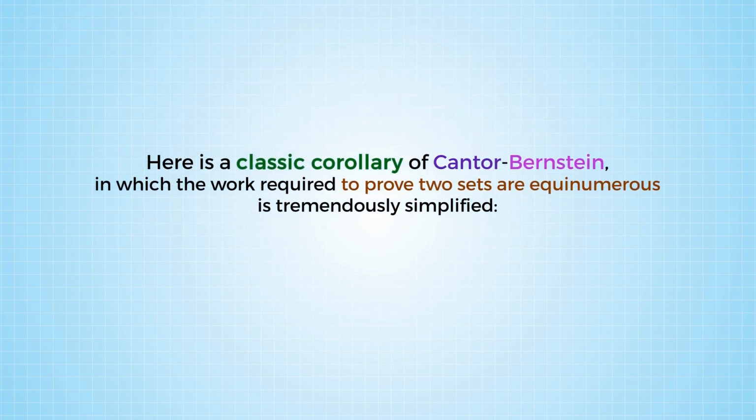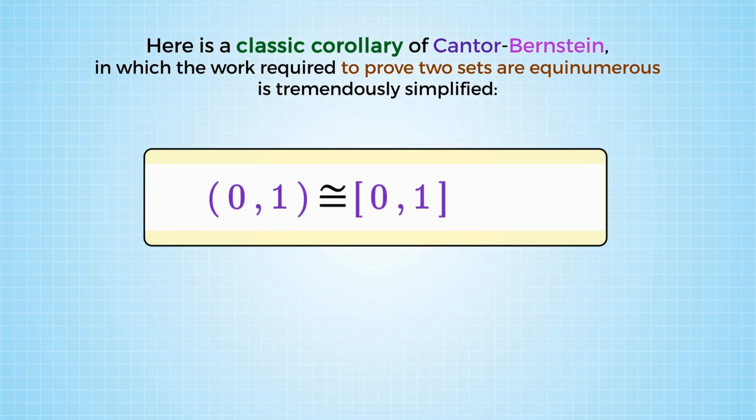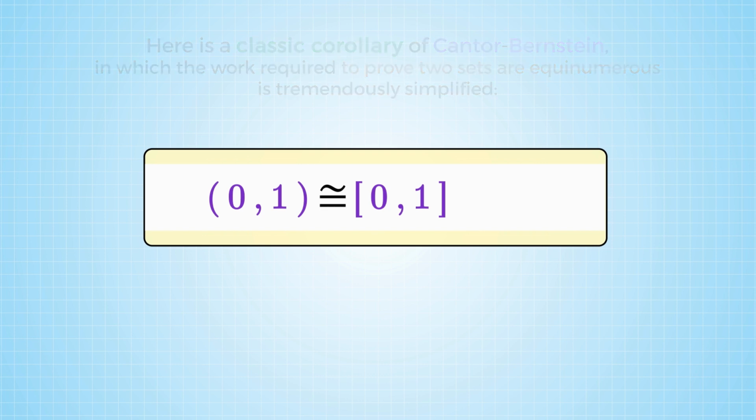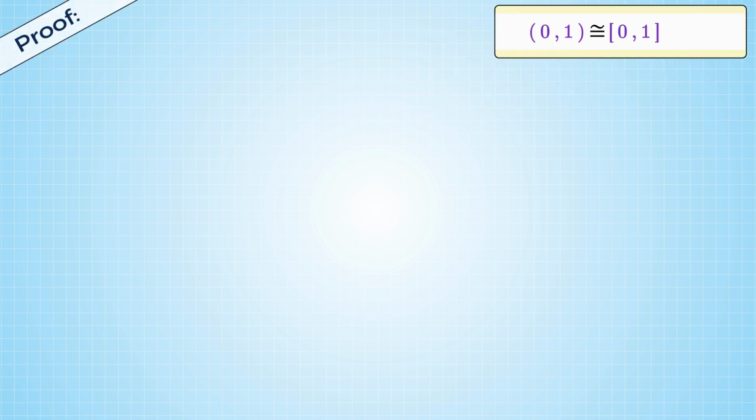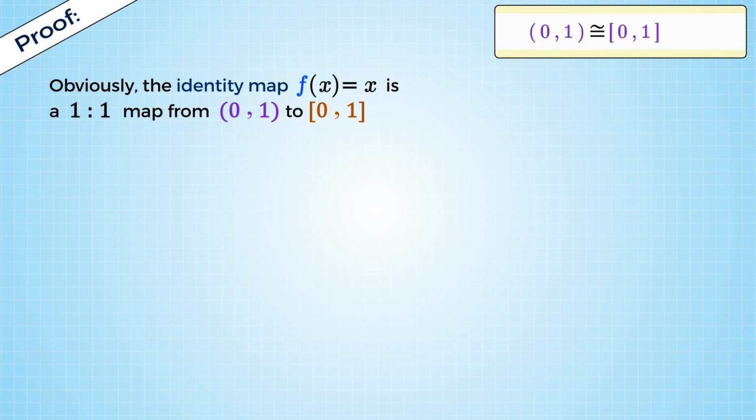Here's a classic corollary of Cantor-Bernstein, in which the work required to prove two sets are equinumerous is tremendously simplified. The open interval (0, 1) is equinumerous to the closed interval [0, 1]. Proof. Obviously, the identity map f(x) equals x is a one-to-one map from (0, 1) to [0, 1].